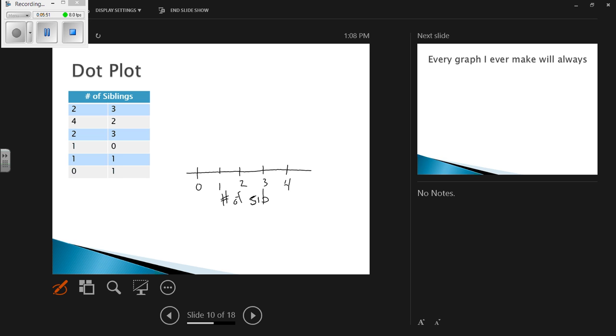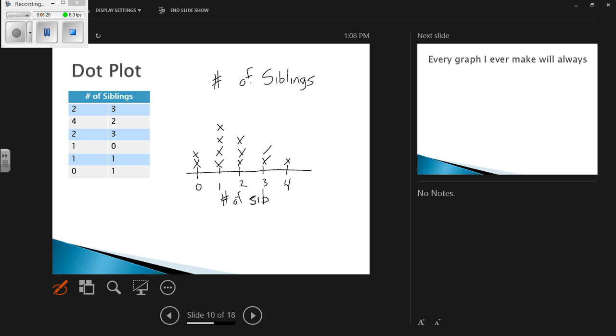And then basically it's a dot, or an X. I'm a big fan of the X, so we've got a 2, you got a 4, you got another 2, there's a 1, a 0, a 3, a 2, another 3, another 0, and then 2 1s. So we'll title this, excuse me, I almost said table. We'll call it number of siblings.